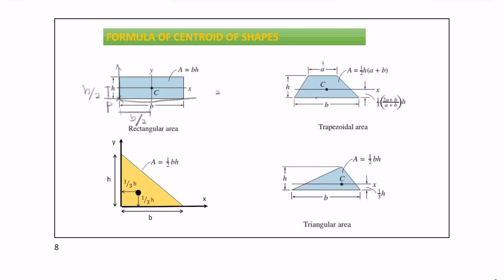And to get the centroid, if the reference point is here, the distance from the centroid of the trapezoid to the x-axis will be this formula. However, there is no formula for you to use kalau you nakkan centroid of trapezoid ke y-axis ya.